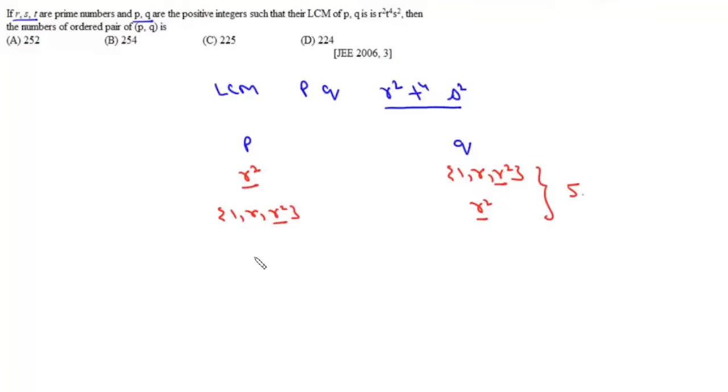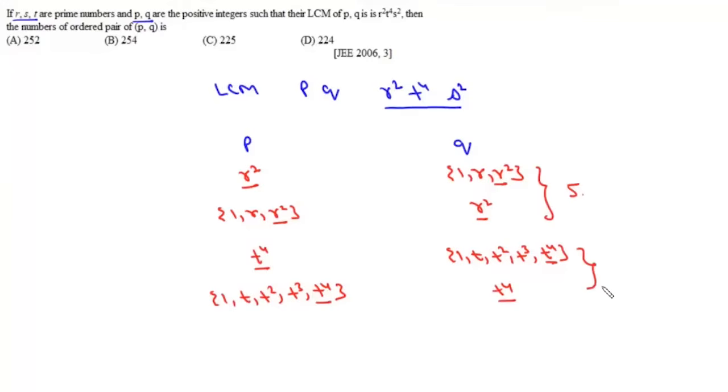Now for T to the power 4, if we have T to the power 4 here, the other will be 1, T, T square, T cube and T to the power 4. And if T to the power 4 is here, the possibilities are 1, T, T square, T cube and T to the power 4. Now this T to the power 4 case is covered in both, so it will be 5 plus 4, 9.